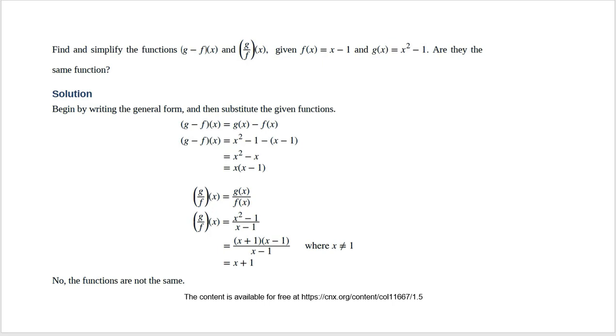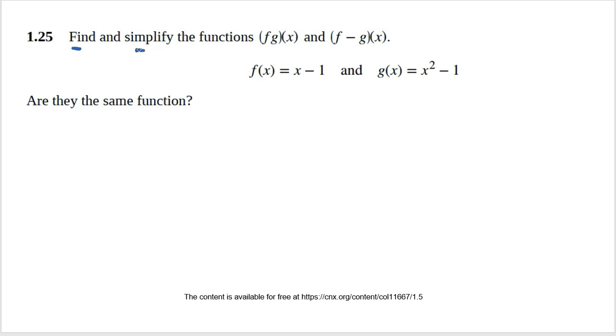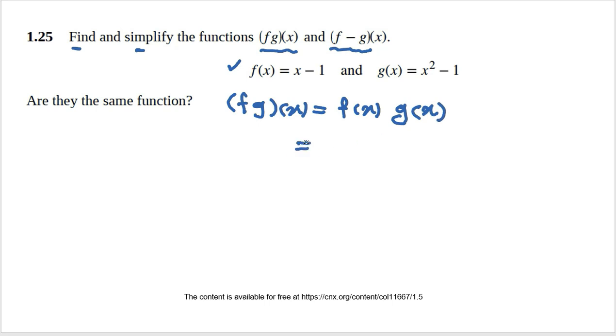Here is the solution. Find and simplify the functions f g of x and f minus g of x, given f of x and g of x. So f g of x is equal to f of x times g of x. f of x is x minus 1, g of x is x squared minus 1.